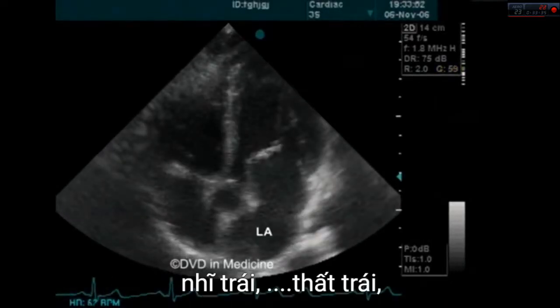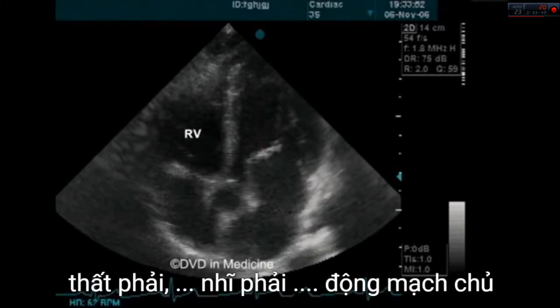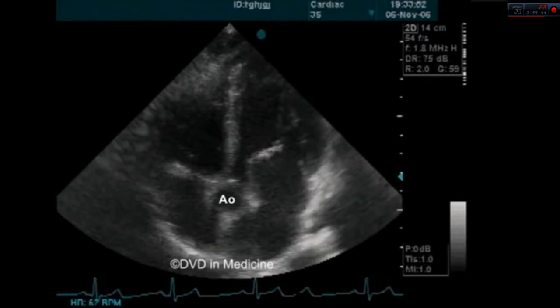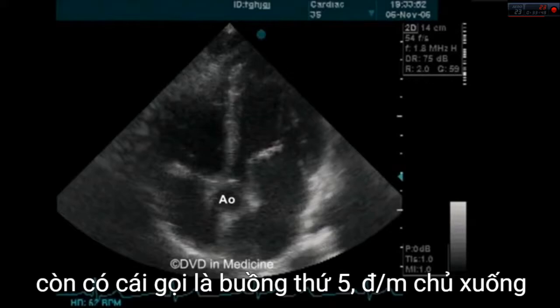The left atrium, the left ventricle, the right ventricle, the right atrium, the aorta. In addition to four chambers, there is also a so-called fifth chamber, the ascending aorta.